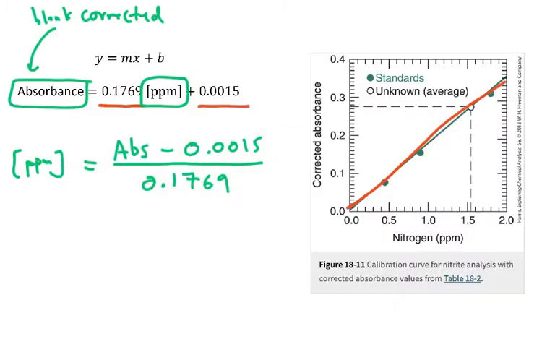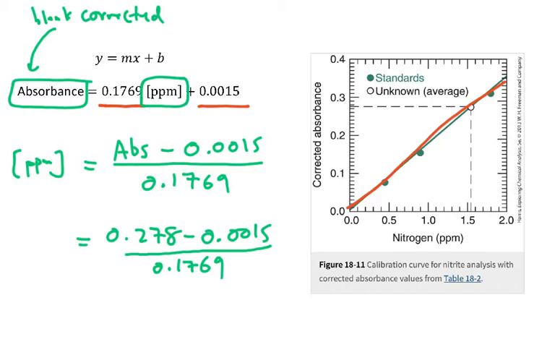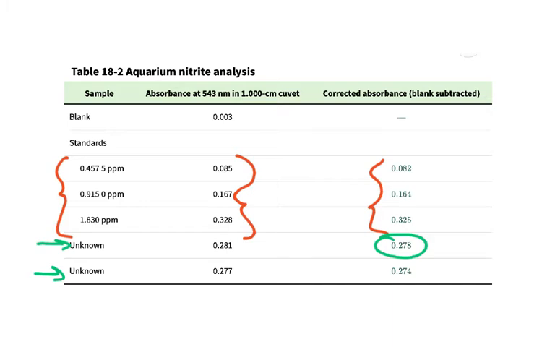So if we come in here and put in 0.278, then this would equal 1.56, which we see right here on the plot, right? But we can also just do it from our table or from our analysis, right? And so we have two samples here, so we do both of those and see what we get.